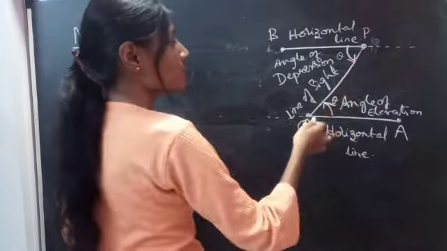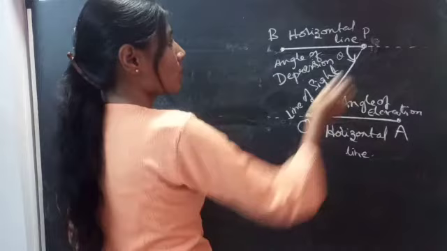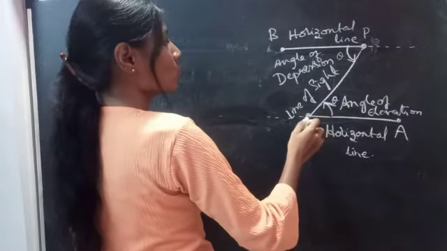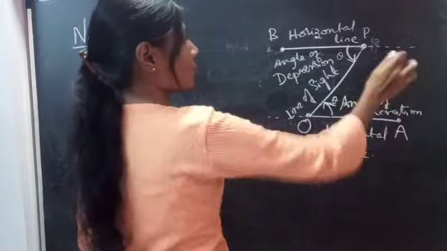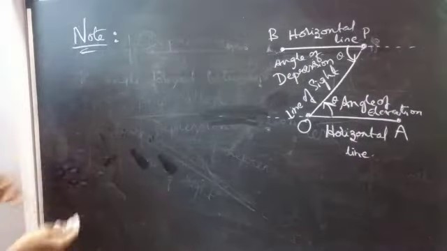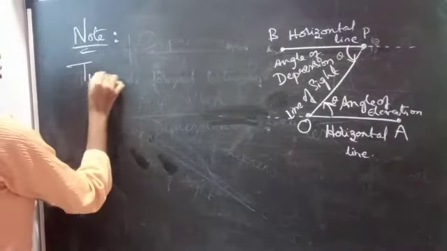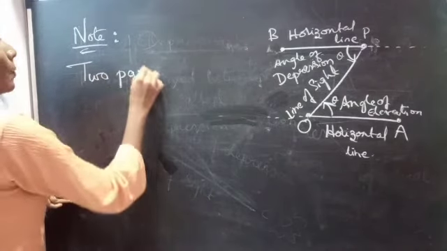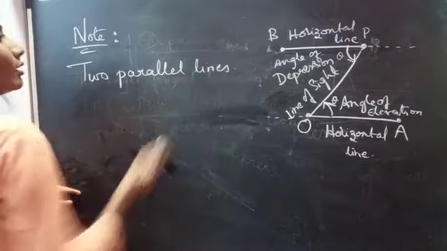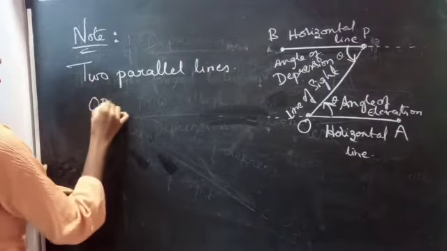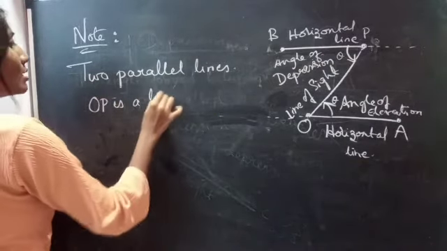Suppose OP is a transversal which intersects the two horizontal lines, or two parallel lines. Here OP is a transversal.